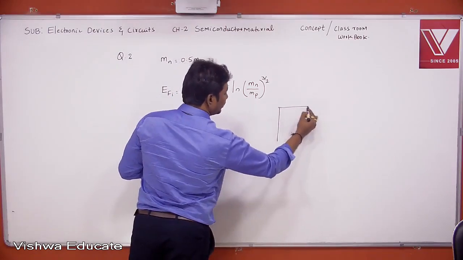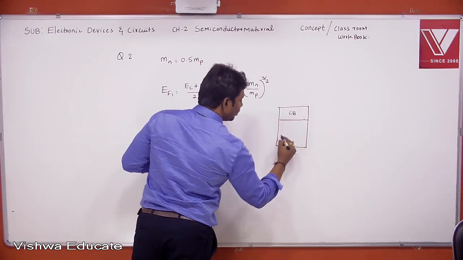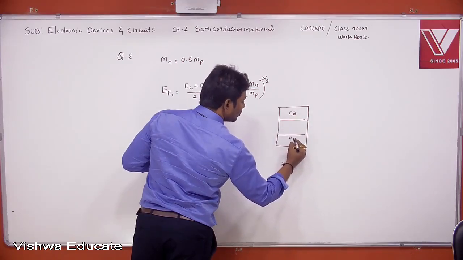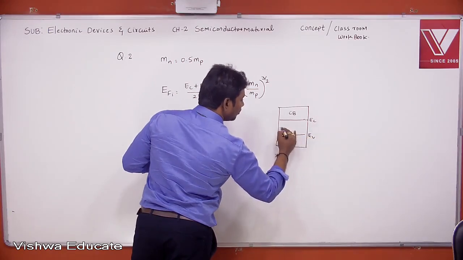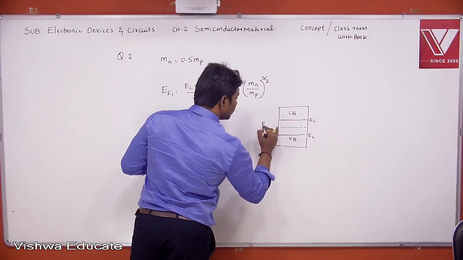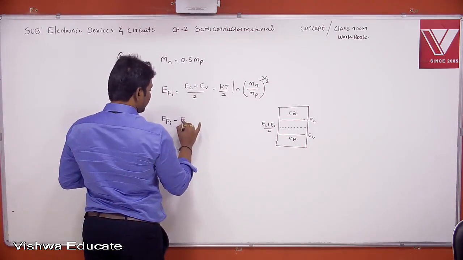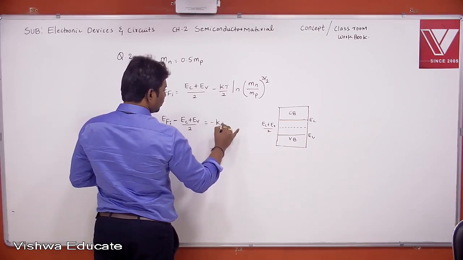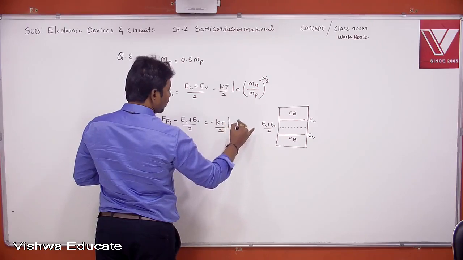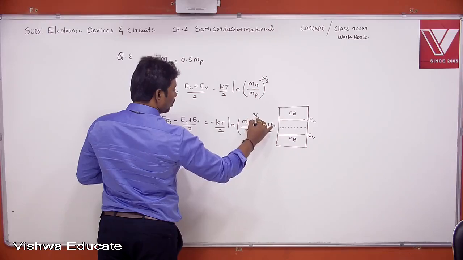See here, the energy band diagram. This is the conduction band and this is the valence band. This is EC, this is EV. Middle means (EC plus EV) by 2, right? The middle of the band gap: EFi minus (EC plus EV) by 2 is equal to KT by 2 ln of (Mn by Mp) whole power 3 by 2.